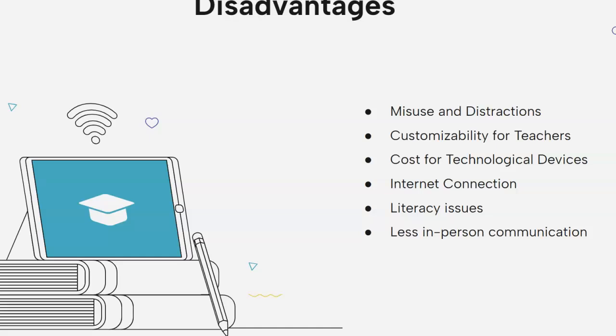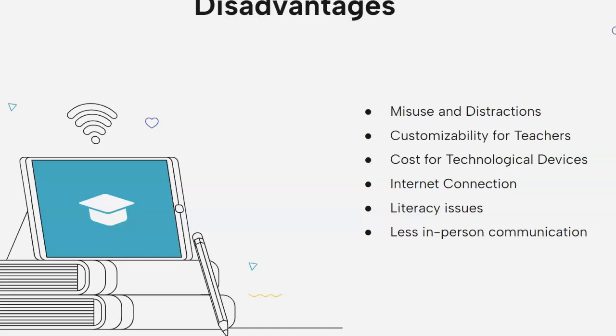Literacy issues, such as writing with a pencil on paper, some students may start to lack in that field because they're so used to typing and having autocorrect and all of those other AI grammar related tools. So their literacy might struggle with that.